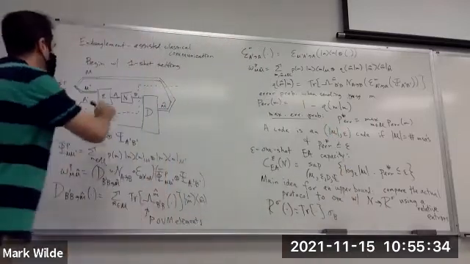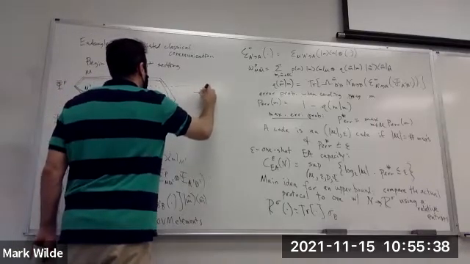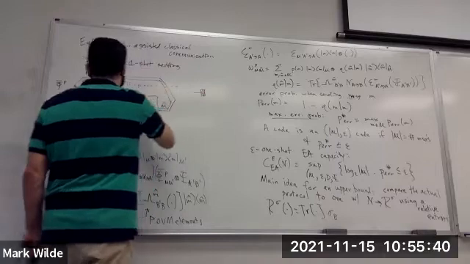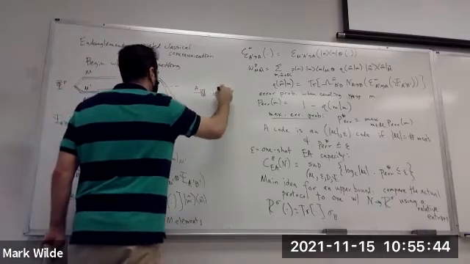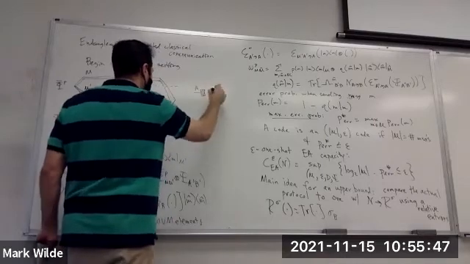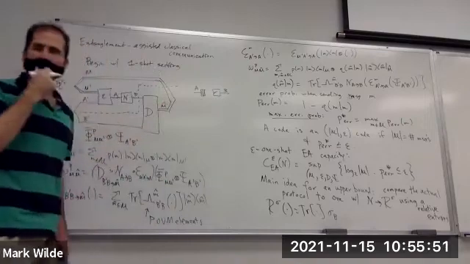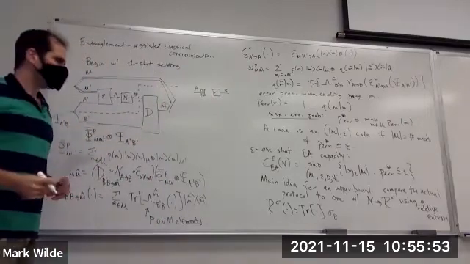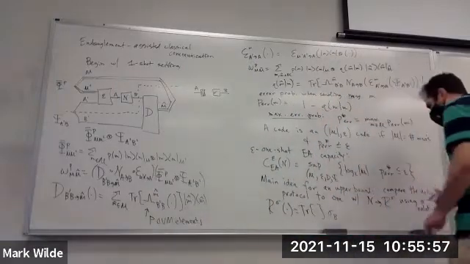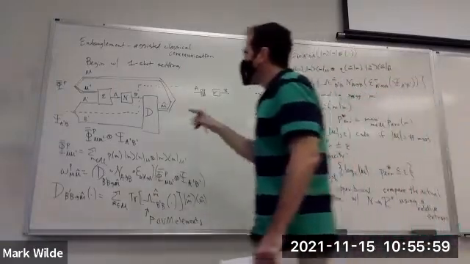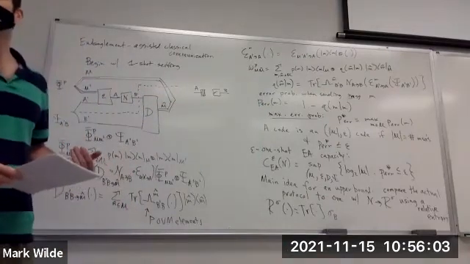So what does that channel look like? It literally takes the input and throws it away. It's like cutting the wire, right? And replacing it with some other state. So when we do this, it results in a useless channel.